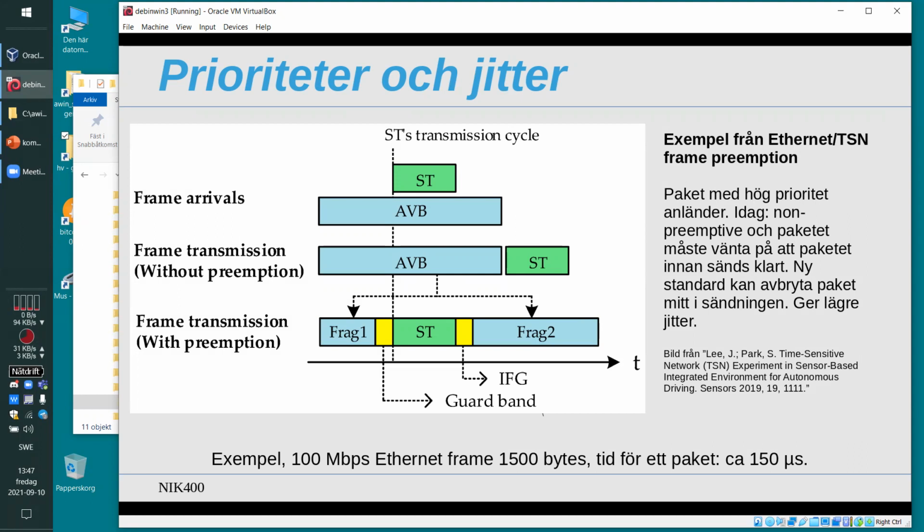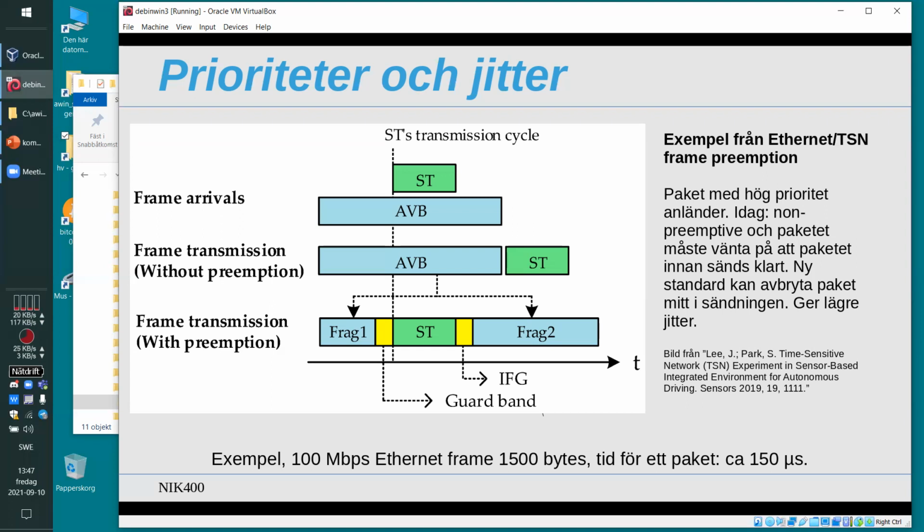And one thing that this time-sensitive networking standard, the Ethernet TSN, a new thing, has introduced is frame preemption. It's one of the techniques they have standardized, really. So some switches today can support frame preemption.